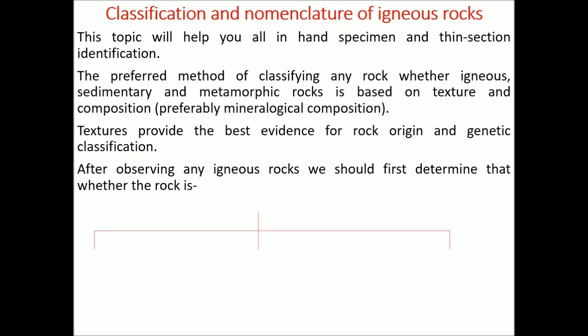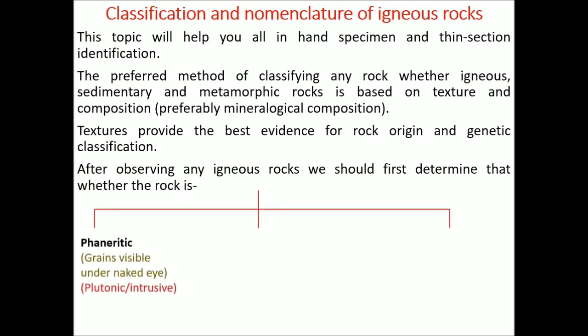So we should first determine whether the rock is phaneritic, that is, the grains are visible to the naked eye, which means generally the larger or visible grains are formed in plutonic or intrusive rocks. Due to their slow cooling rate, crystals get time to take the shape of crystals of different systems.